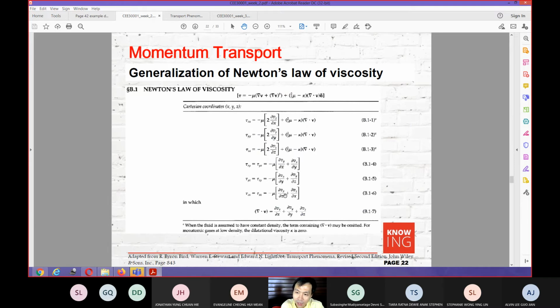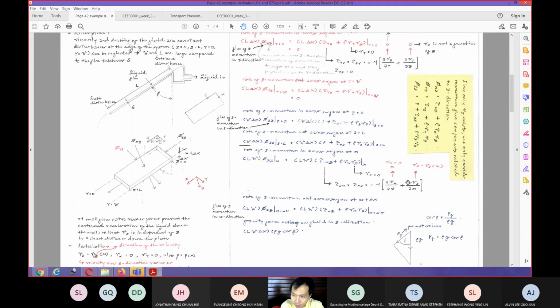So you need to go back to the postulation and check what this is. This particular term will be 0 because your Vx is equal to 0. And this term in here exists because your Vz is a function of x. So this term is present.